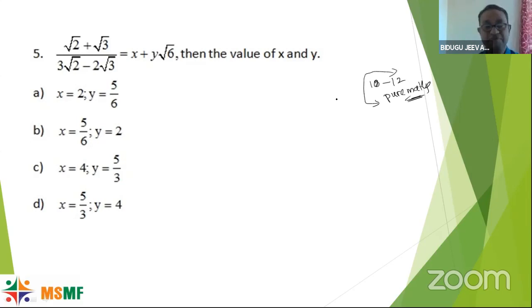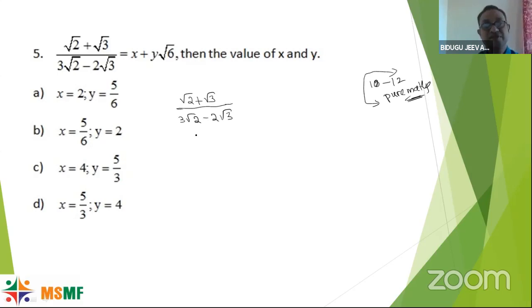Did any one of you get the answer? Let me write the question properly: root 2 plus root 3 upon 3 root 2 minus 2 root 3.